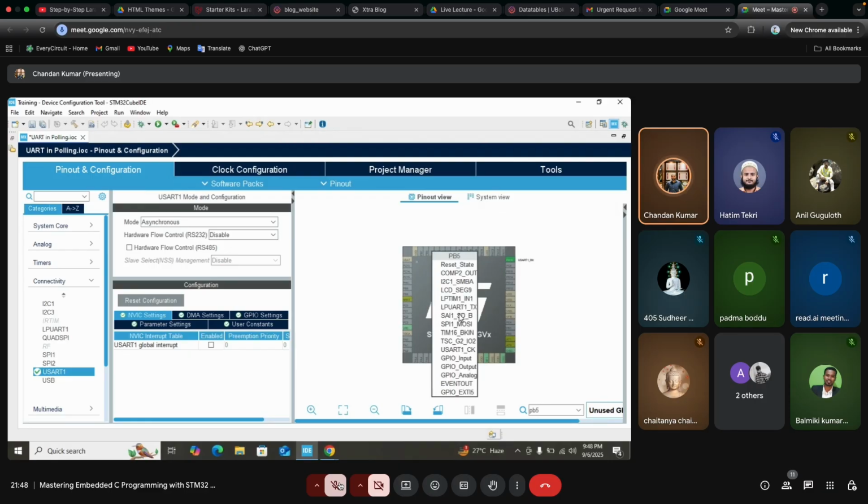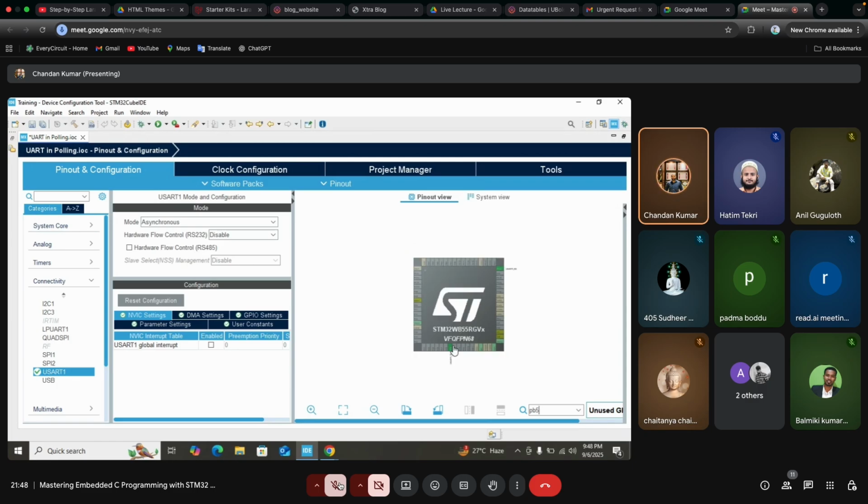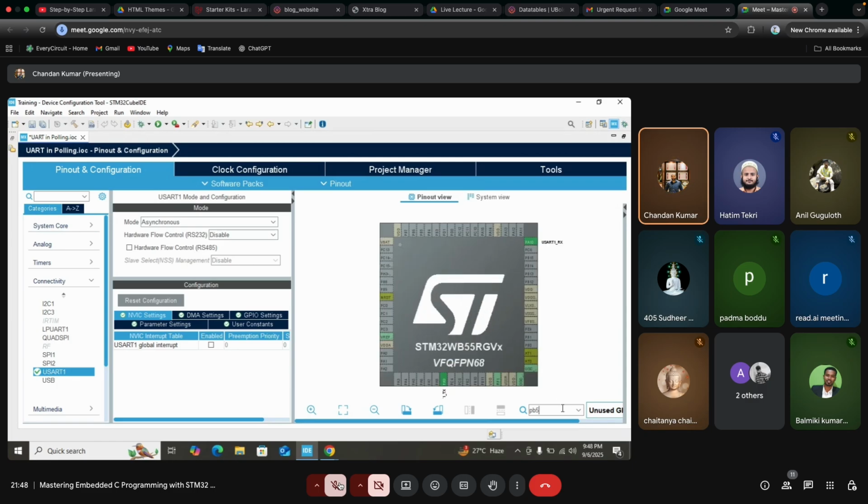PB5 is my UART 1 TX. It's not PB5 and 6, it's PB6 and 7.